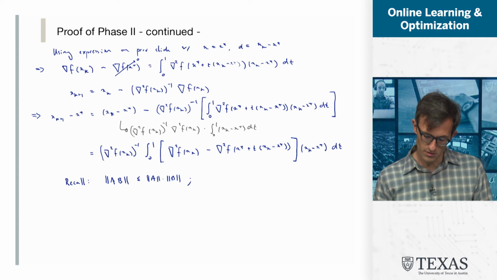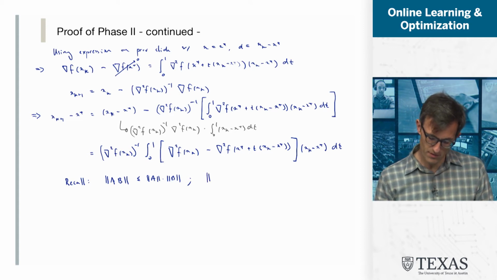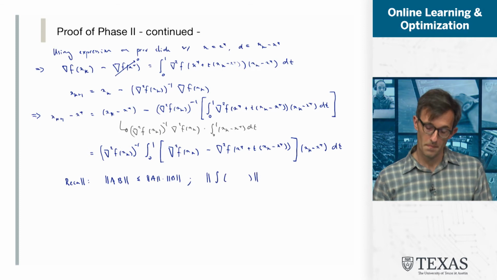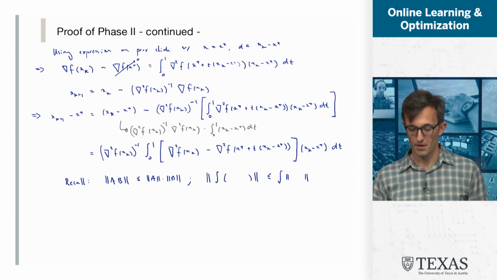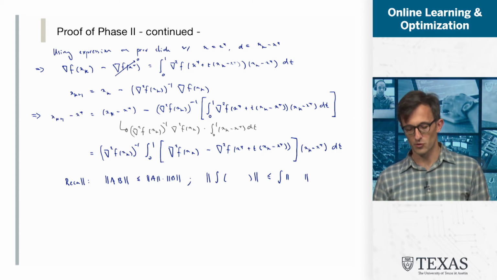And also, the norm of any integral is less than or equal to the integral of the norm. Why is that? Just think of it with absolute value. It makes it more clear.